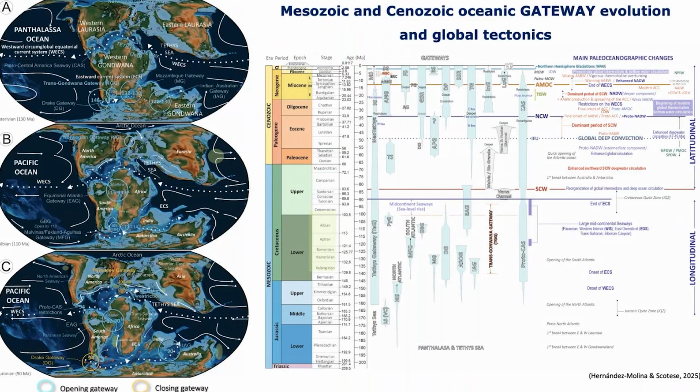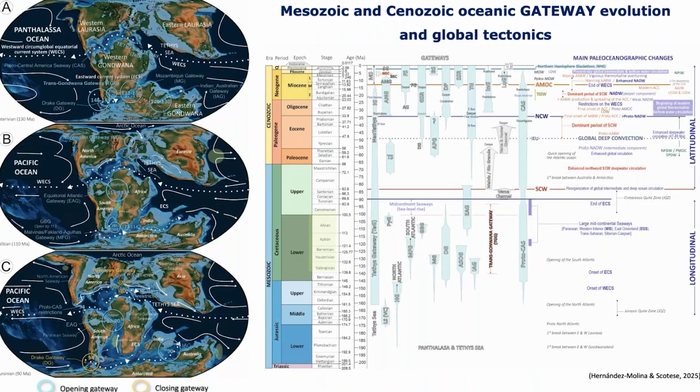So here you can see this example for the Cretaceous. In light blue, you have the opening of gateways, and in light orange, the closing of gateways. The opening and closure of gateways have been the key to changes in the structuring of the water masses through time.